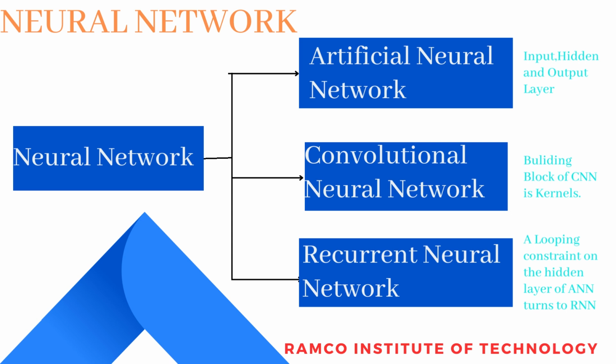Next one is the RNN. So this is a recurrent neural network. It is a type of artificial neural network which uses sequential data or time series data. So these are the basic concepts of neural network.